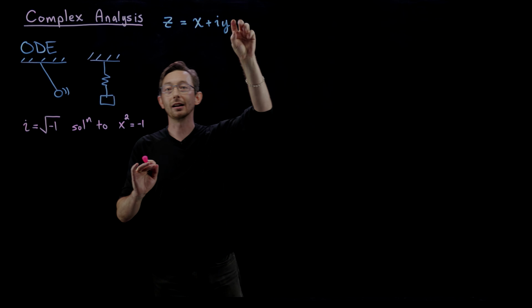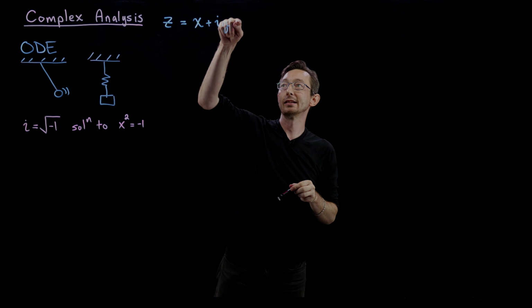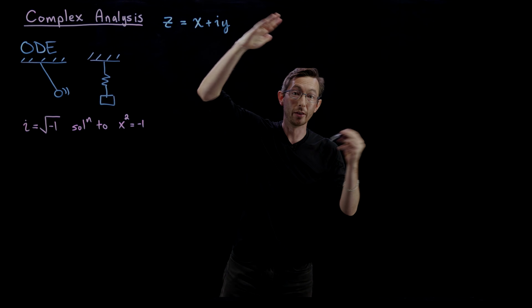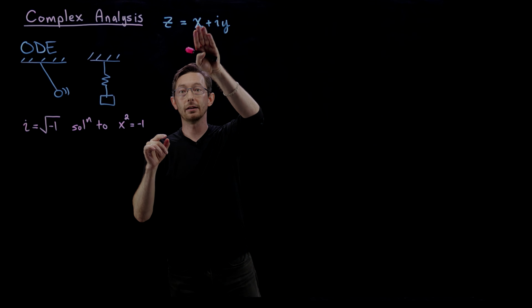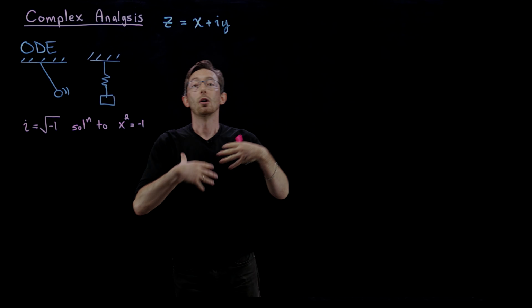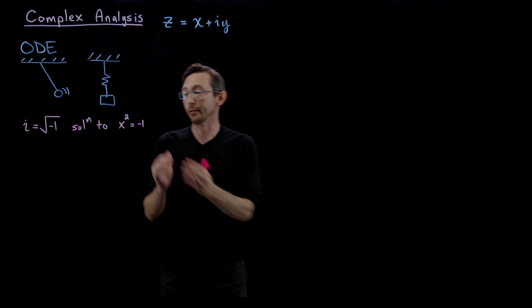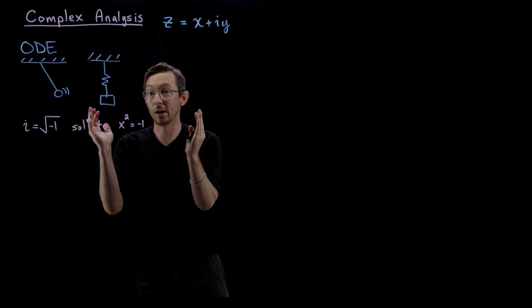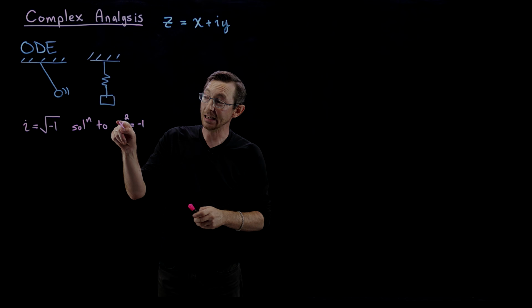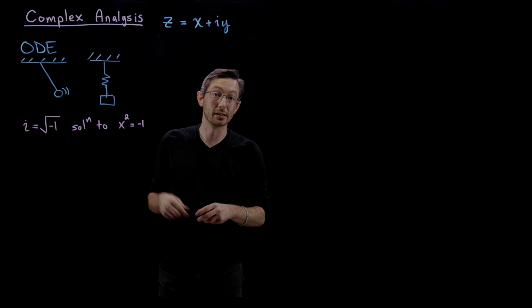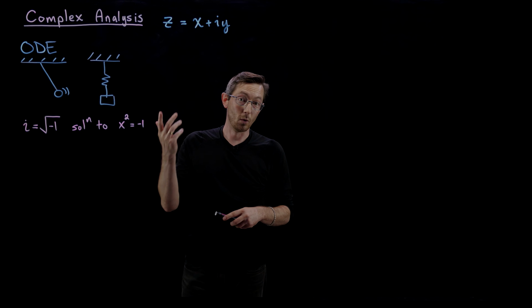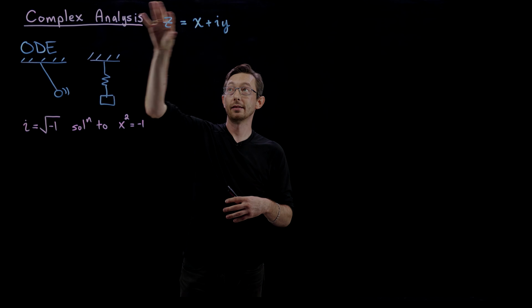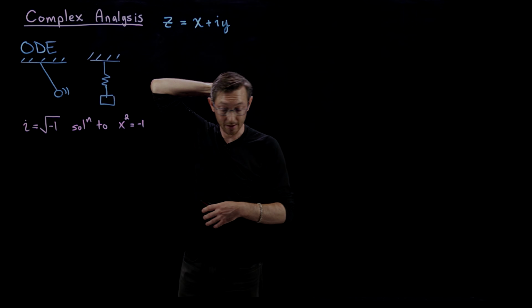So that means that I don't need some other variable plus jz, where j is some other quantity, to represent the solutions. A real and an imaginary valued number like this is rich enough to capture the solution of all polynomials. And in fact, that's even true if I had complex coefficients on these polynomials. If I had i times x squared equals -1, that would also have roots that are representable by complex numbers.